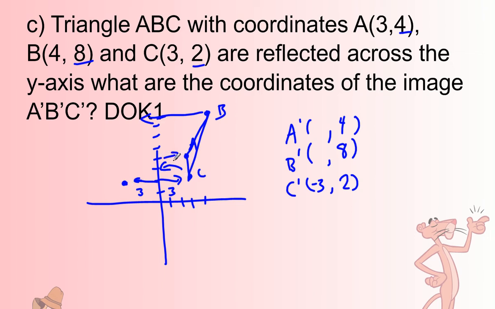A was 3 units this way. So A prime would be 3 units less than the y-axis. 3 units less than 0 would give me -3. And B would be a -4. So those are my coordinates.